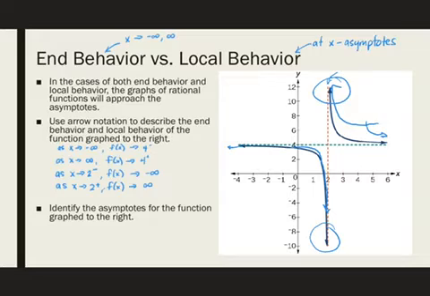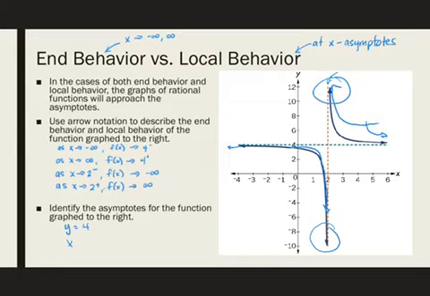All right, identify the asymptotes. Asymptotes are lines. That means you have to include x equals for the vertical asymptotes, and you have to include y equals for the horizontal asymptotes, or the slant asymptotes. Okay, in this case, we have a horizontal and a vertical. So the horizontal asymptote is the bluish green one up here, and that happens at y equals 4.